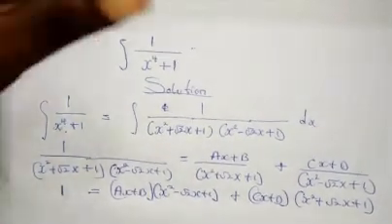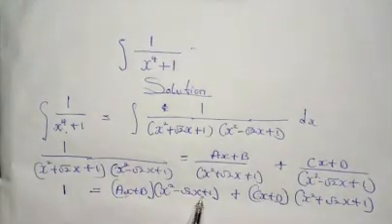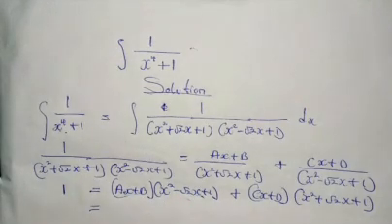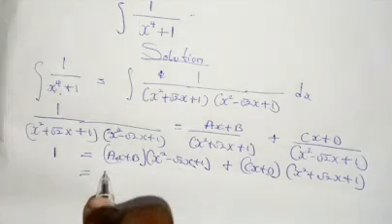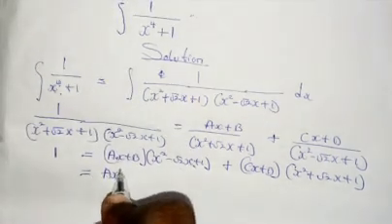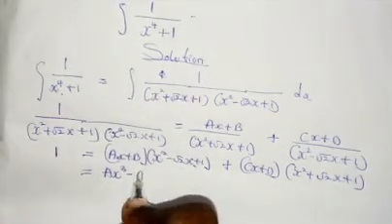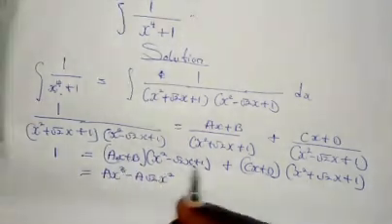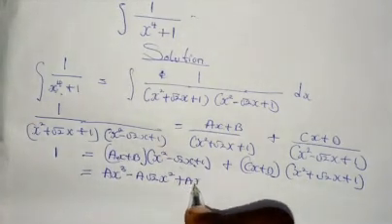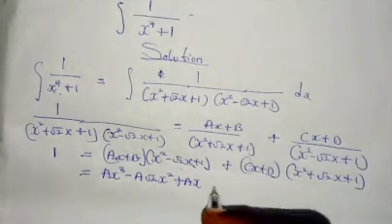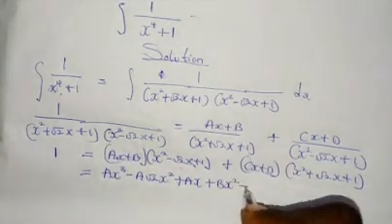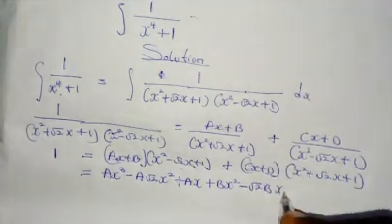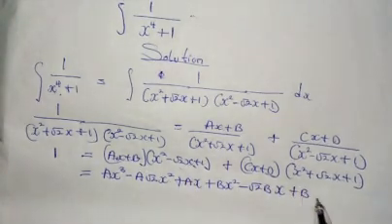Now when you open the bracket here, we are going to have a x cubed minus a root 2 x squared plus a x. Multiply this by b also, we are going to have plus b x squared, minus root 2 b x, and plus b.